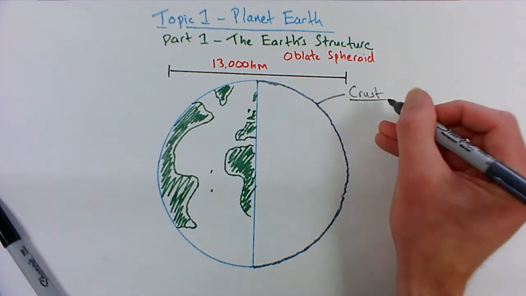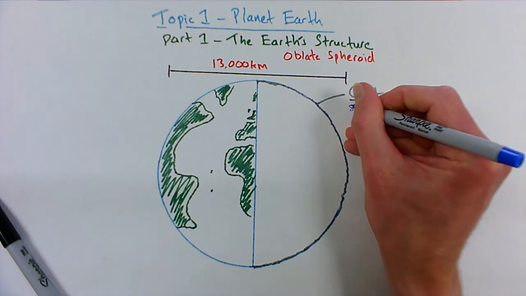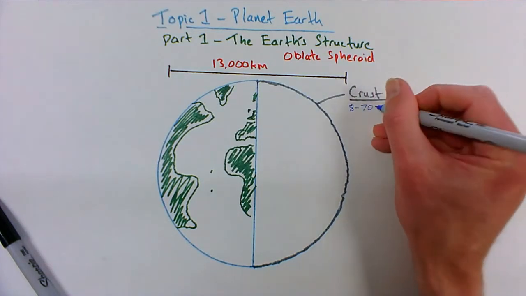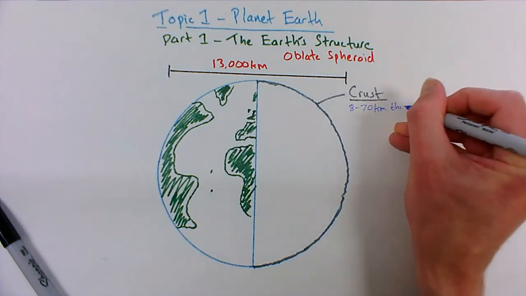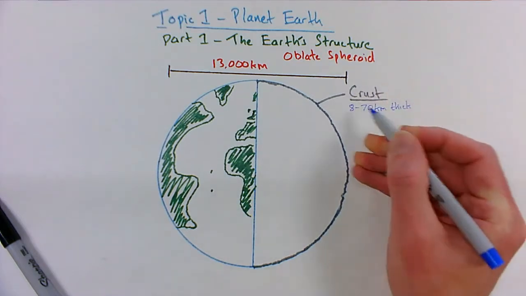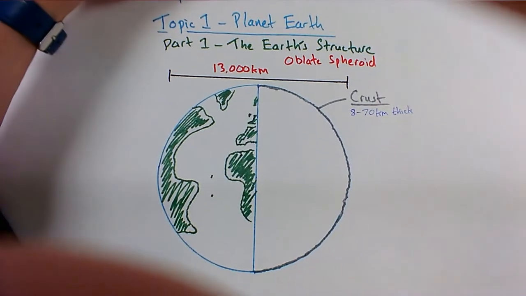It's the part that we walk about on. It's about 8 to 70 kilometers thick, so very thin compared to 13,000 kilometers in diameter all the way across.